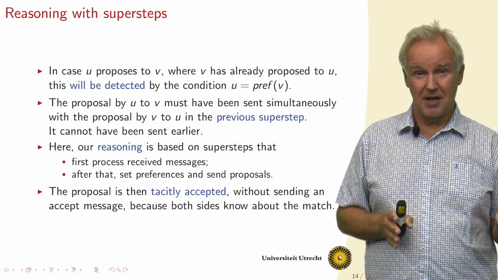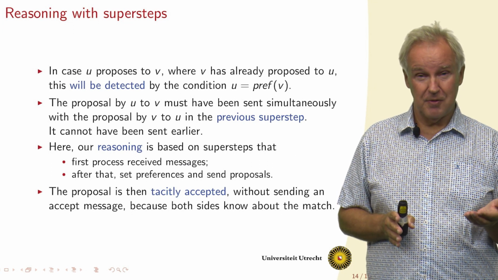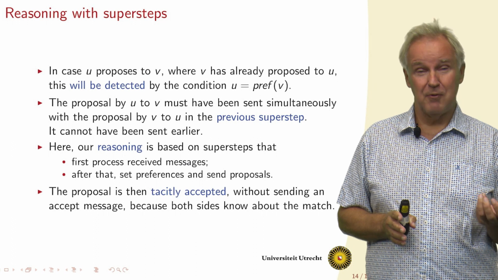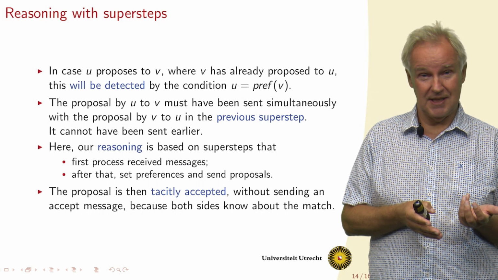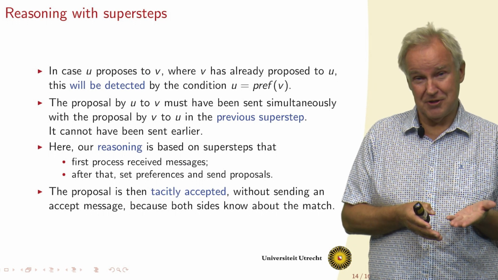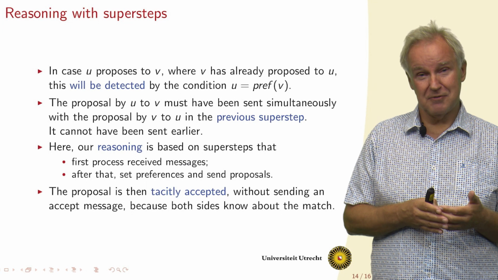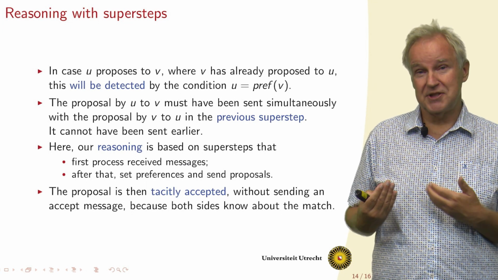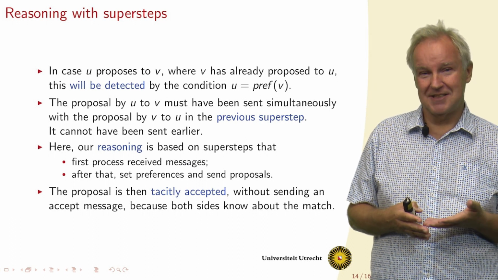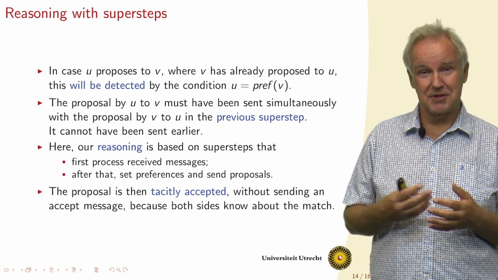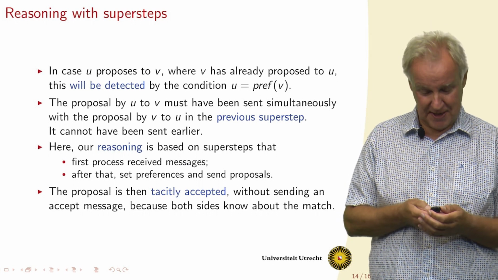Then in the previous superstep, or an earlier superstep, the owner of U will have received your message and will answer you appropriately, either by sending a reject, but in this case, of course, it didn't happen, or it would send an accept to you. Because you didn't receive an accept, you received a proposal, that means the other side did not know yet about your proposal. And because of that, we know that they crossed each other. They both sent a proposal at the same time.